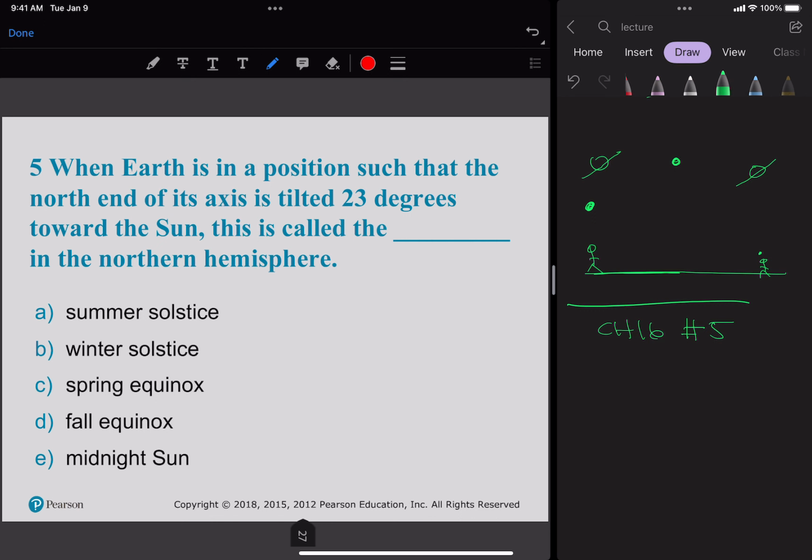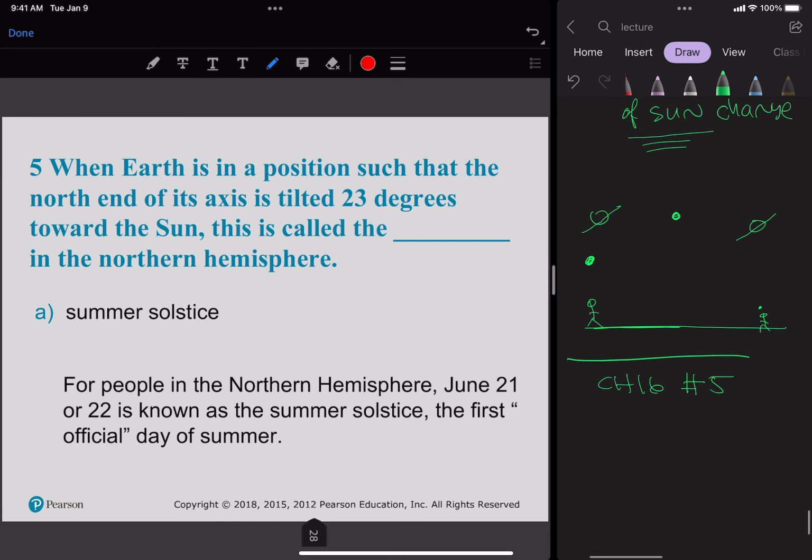Going back to this picture here, in this period the Earth's axis is constant and is pointing towards the sun, and the sun is higher up in the sky, and that's going to correspond to summer.